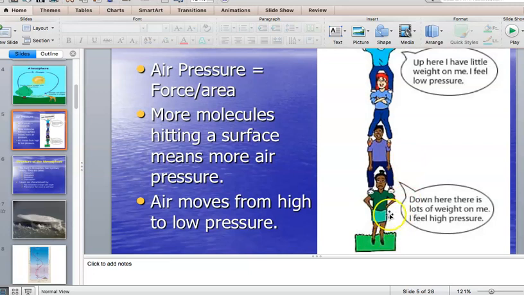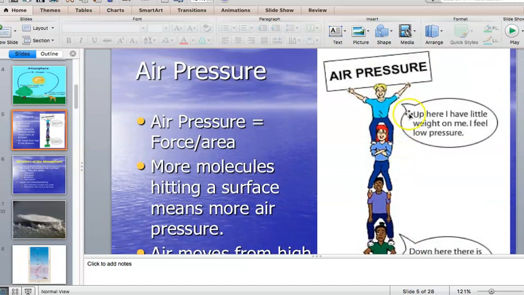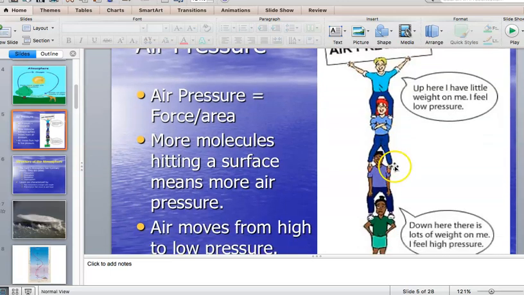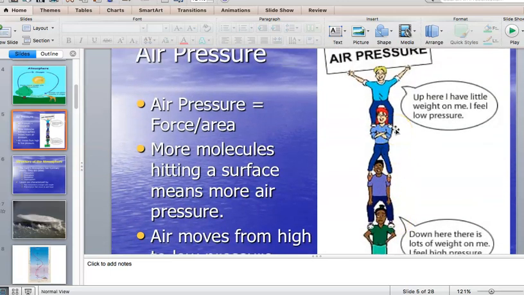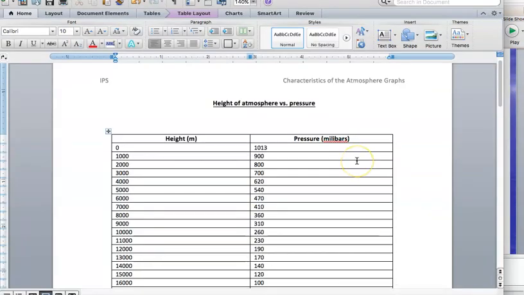If we are increasing in altitude away from the Earth's surface, we're going to have fewer and fewer air particles colliding with one another, which is then associated with less pressure. So as we increase in altitude, pressure is going to be dropping. We should see that relationship in the graph that we're going to make in just a moment.